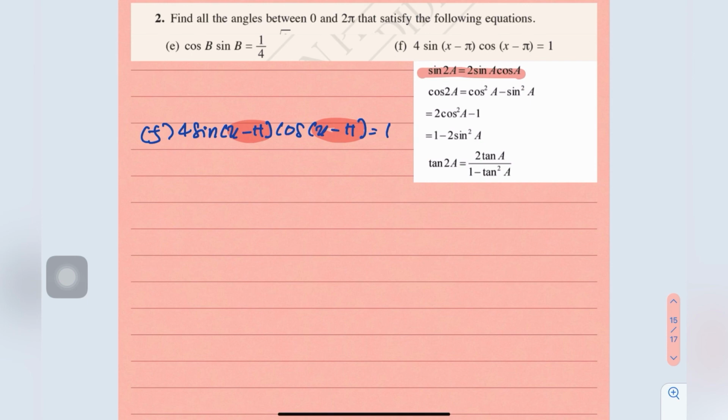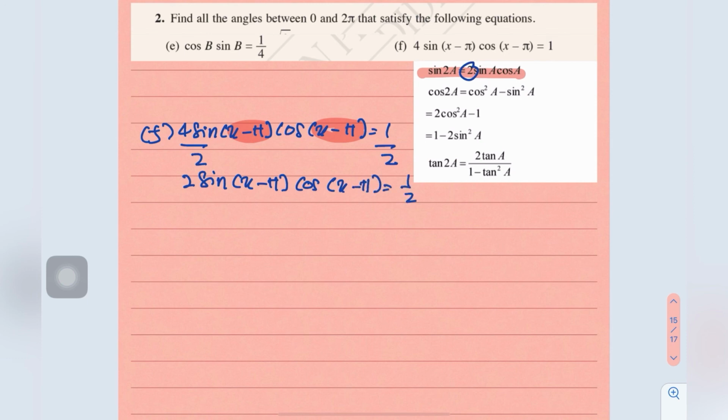But for sine we have 2 here, and this one we have 4, so we divide by 2 on both sides. Here we have 2 sine(x minus pi) cos(x minus pi) equals 1 over 2. This equals sine(2x minus 2 pi) equals 1 over 2.